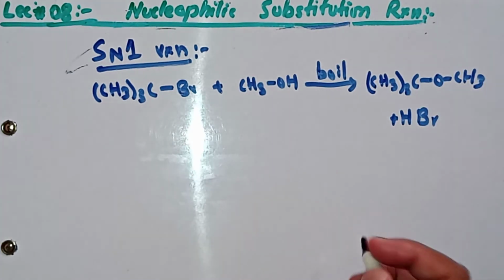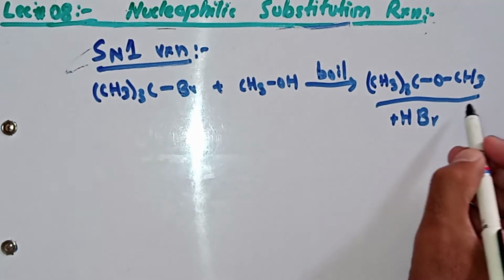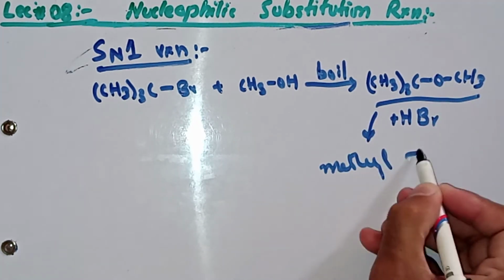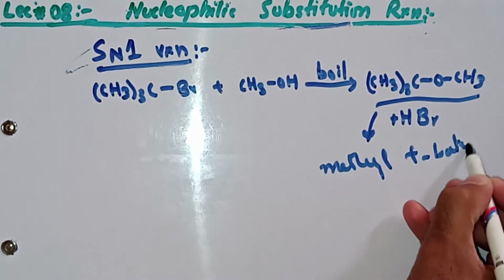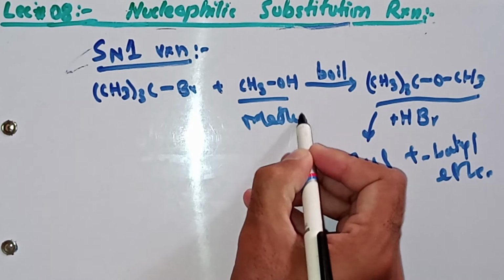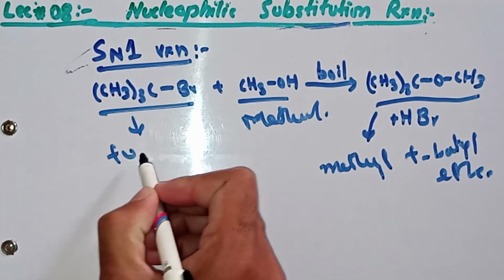This is methyl tertiary butyl ether, while this is methanol, and this is tertiary butyl bromide.